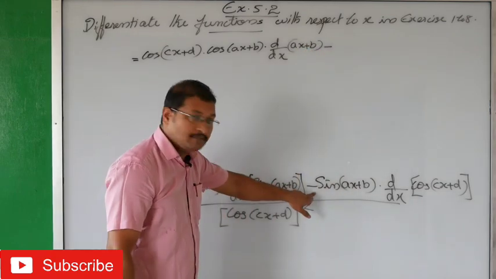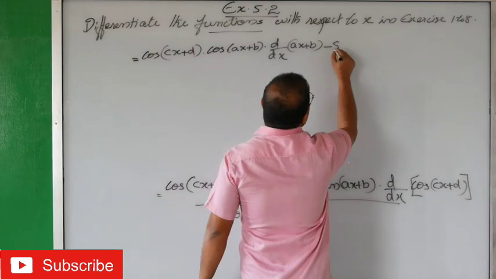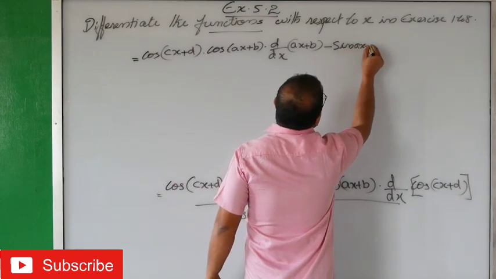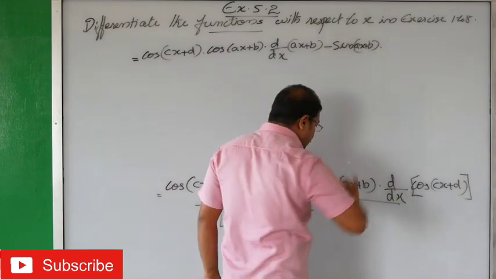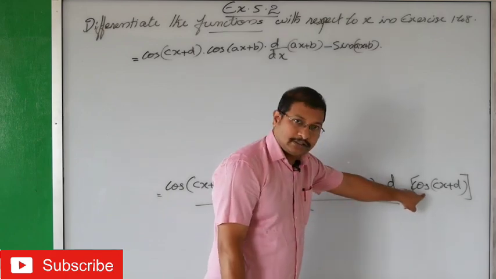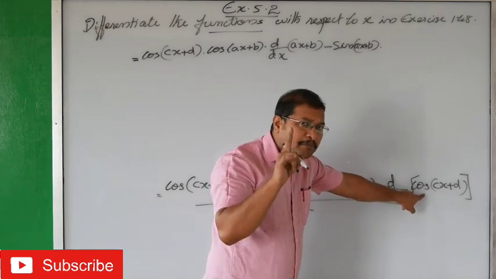Minus, now sine of x plus b into derivative of cos. Derivative of cos x is minus sine.